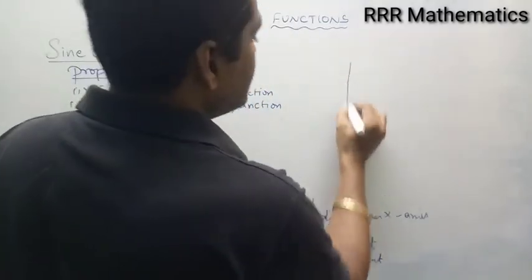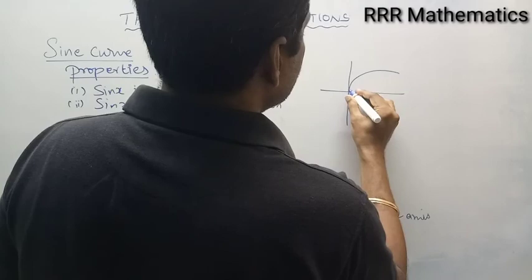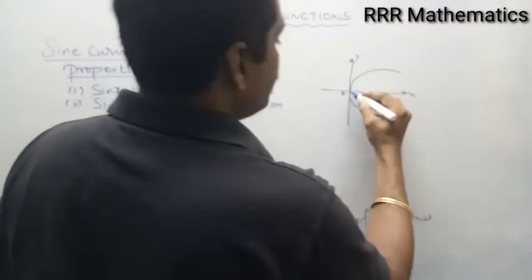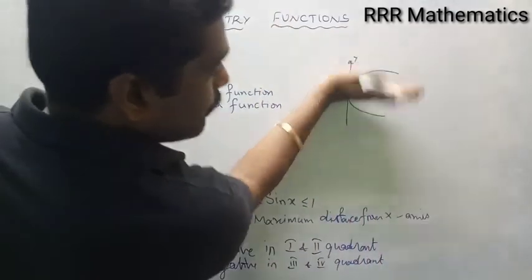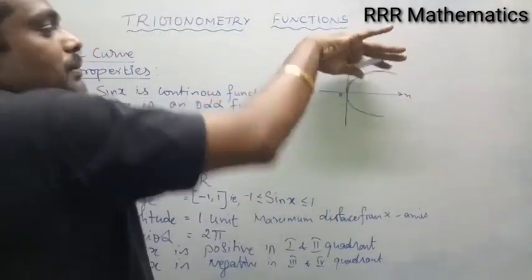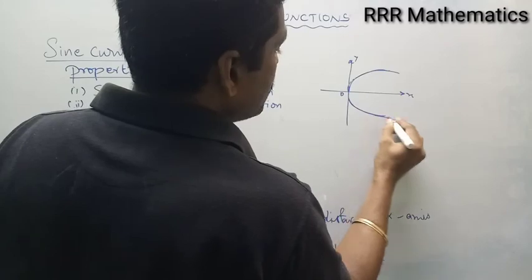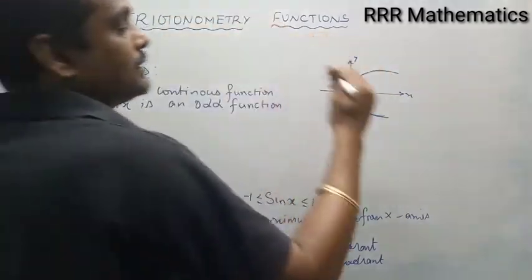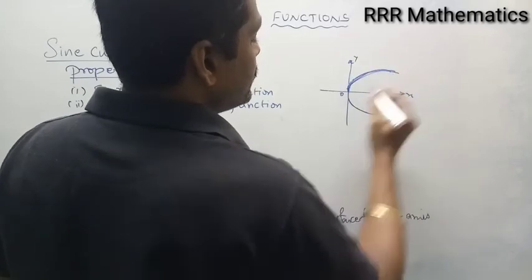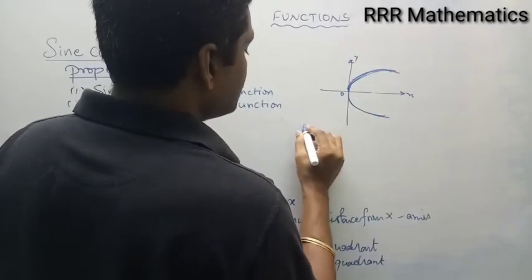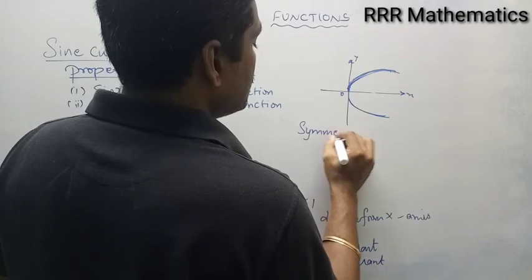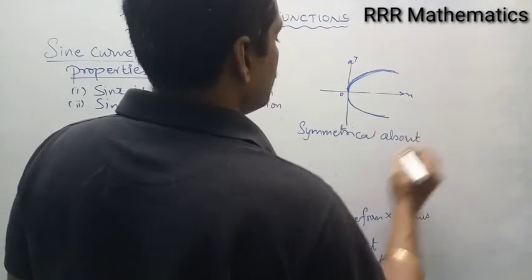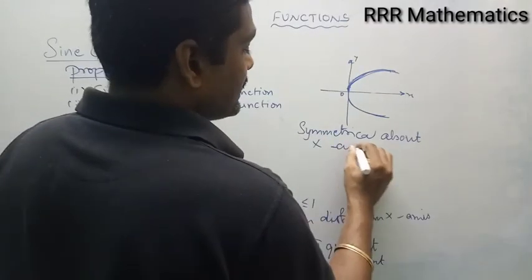Next, I will consider this graph. This is also a kind of parabola. When you fold this part like this, it will coincide with this part. So in this case, it is symmetrical about the x-axis.